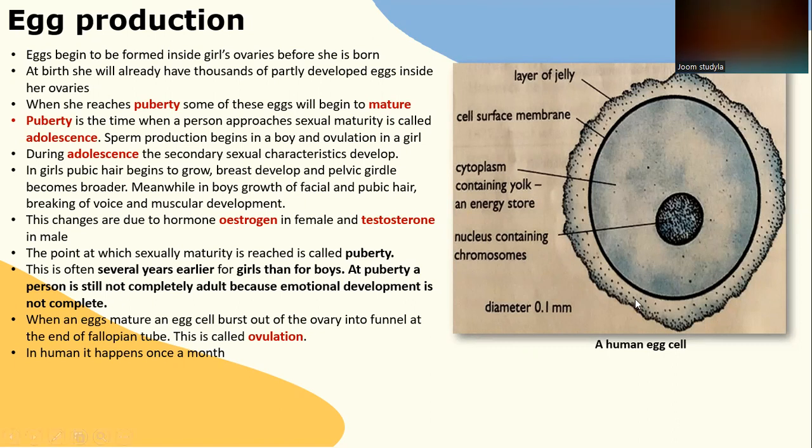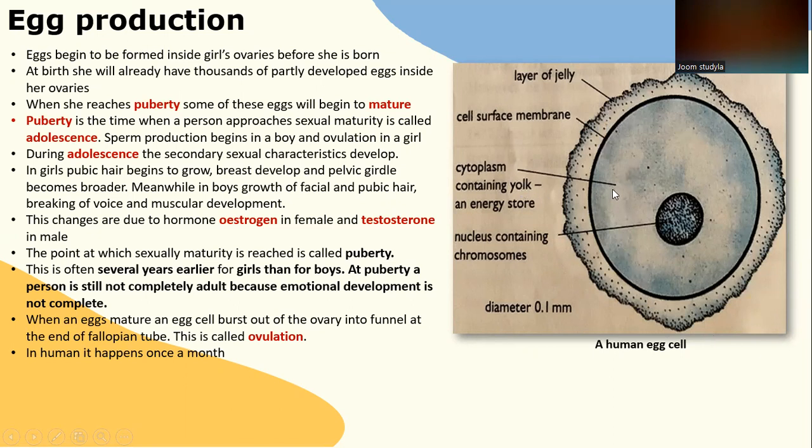When an egg matures, an egg cell bursts out of the ovary into a funnel at the end of the fallopian tubes. This is called ovulation. In humans, it happens once a month. You can see the human egg cell. It consists of several layers. The outer layer is a layer of jelly, and the second layer is the cell surface membrane.